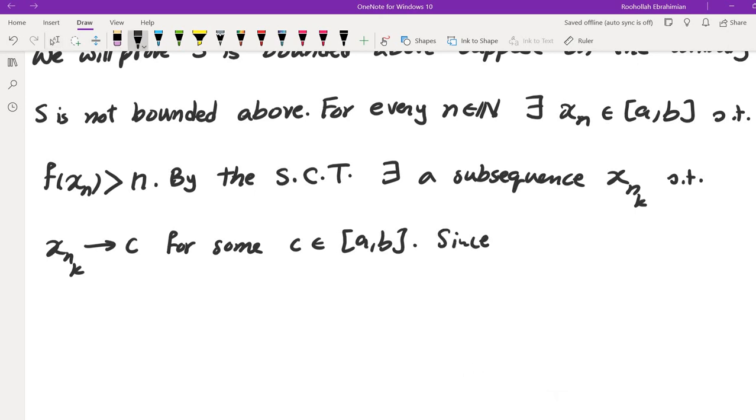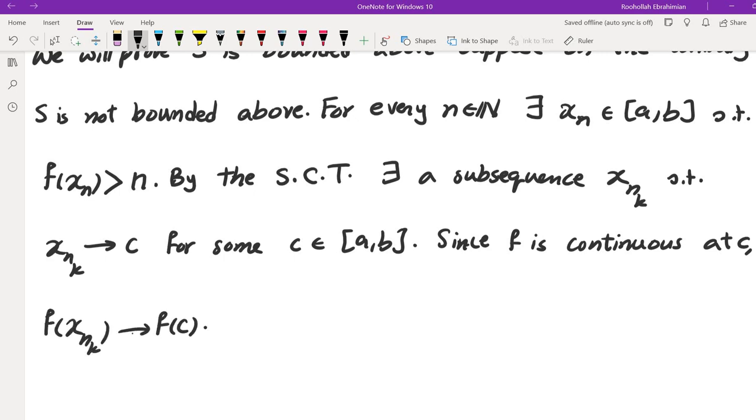Since f is continuous at c, f of x sub nk converges to f of c.